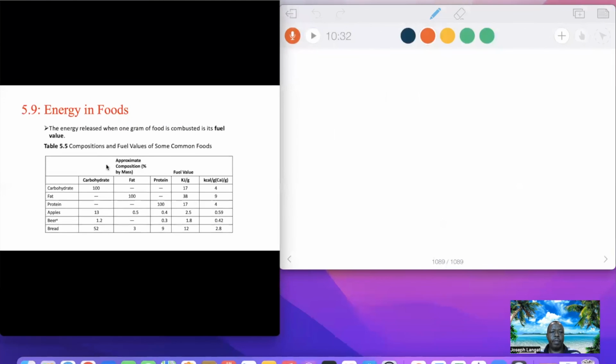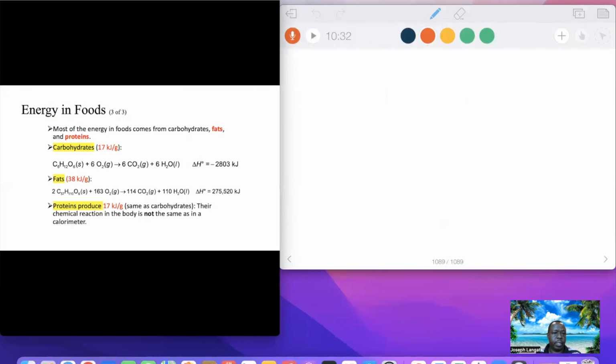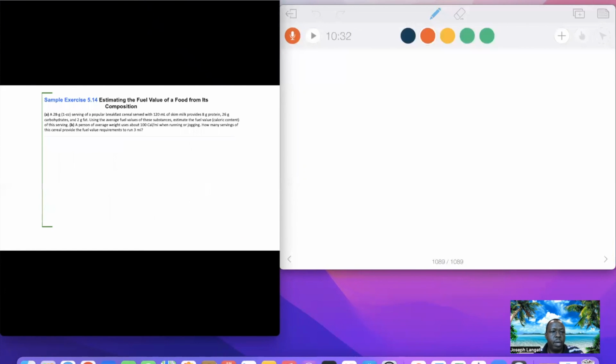This is what is given in kilojoules, but if we are given different values, you'll have to plug them into the equation. Here is an example of how you may be asked to calculate the fuel value.